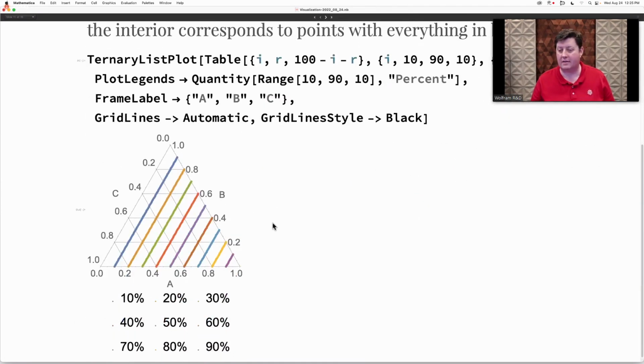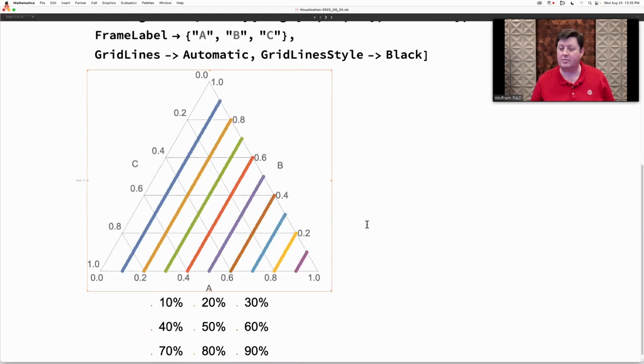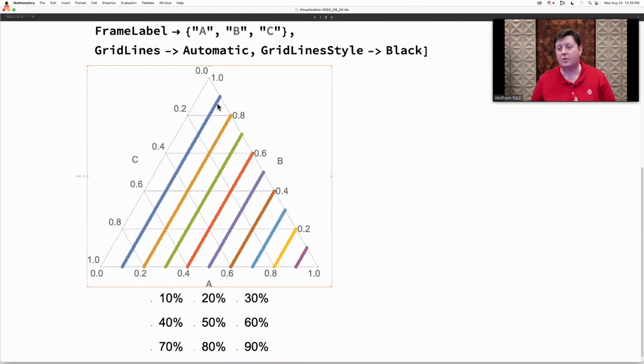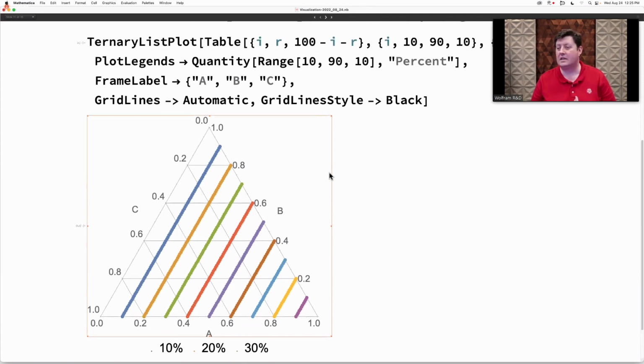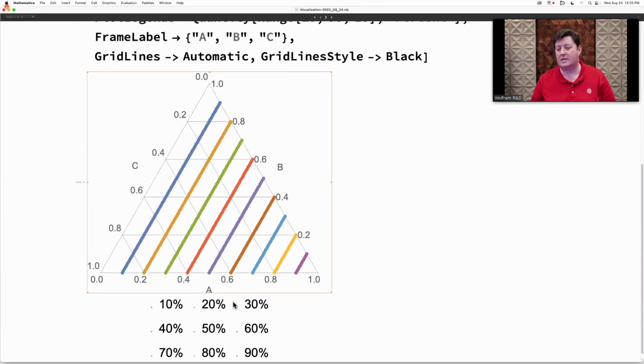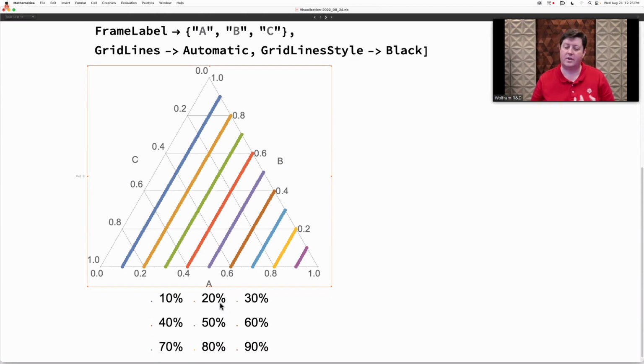So here we have a ternary list plot, and by construction, each of these sets of points corresponds to a fixed percentage of the value being A. If we take this blue set of points, this corresponds to mixtures where 70% of the mixture is A. At this end, 30% of the mixture is B, and 0% of the mixture is component C.